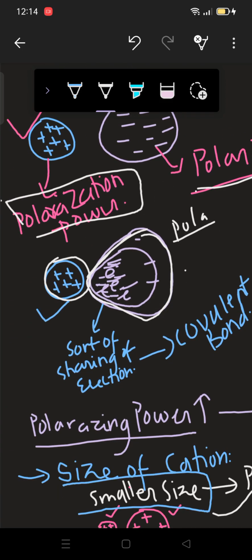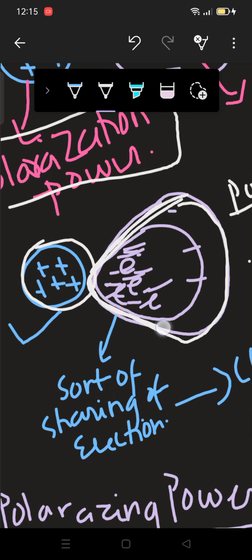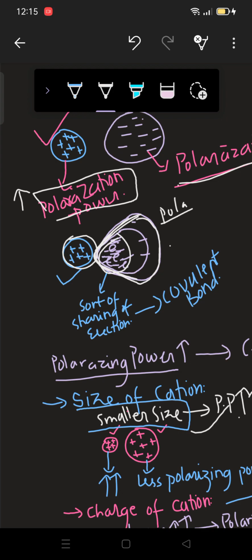Polarization is a process by which the anion is attracted towards the cation. Now when it is attracted towards the cation, all the electrons come to the side and charge density becomes higher here, right? And this shows us that electrons are being shared here. So we know that the sharing of electron is what we call the covalent bond.